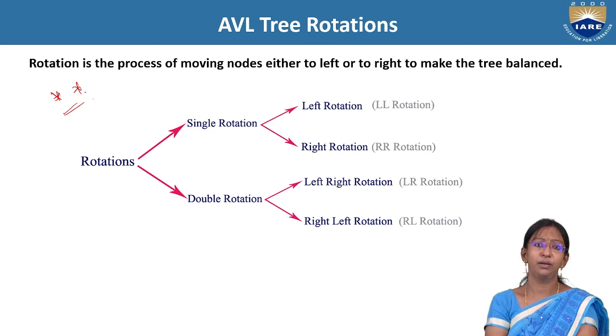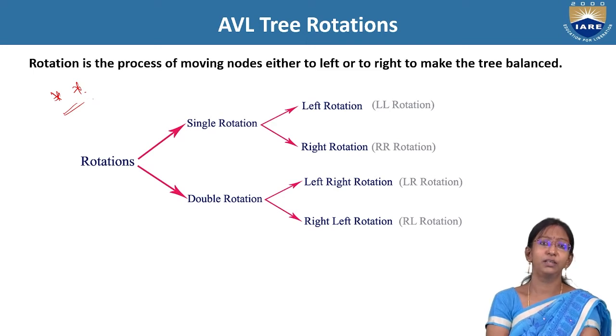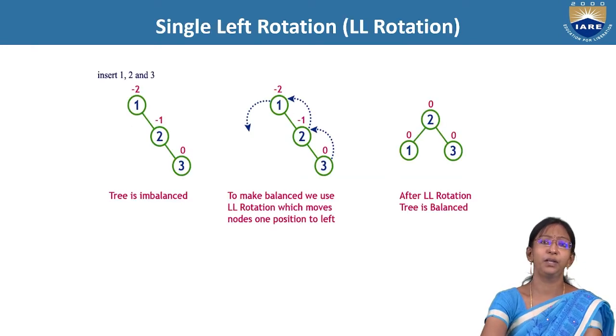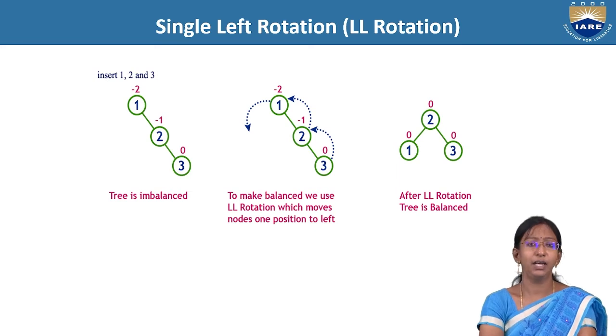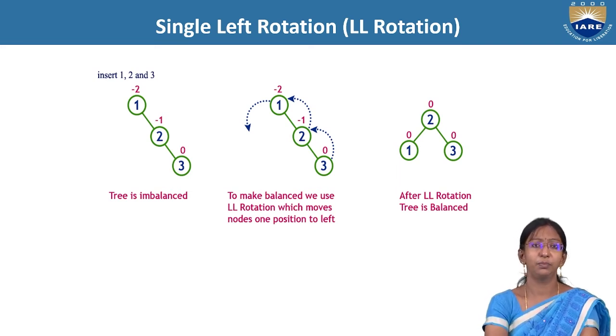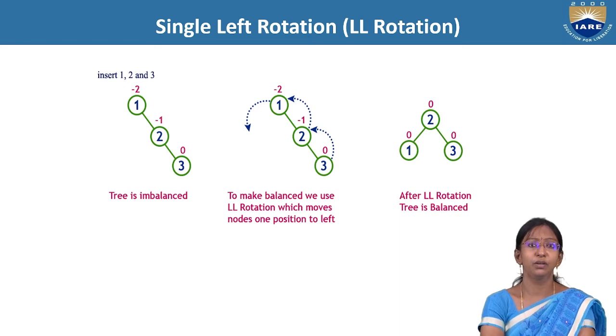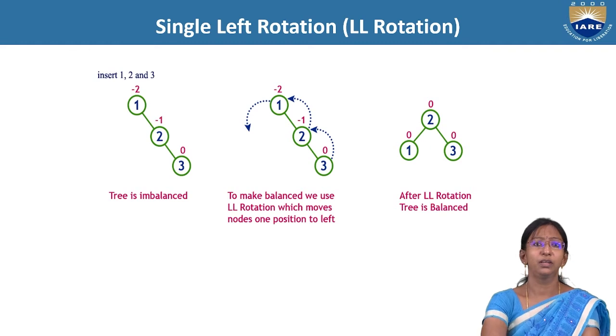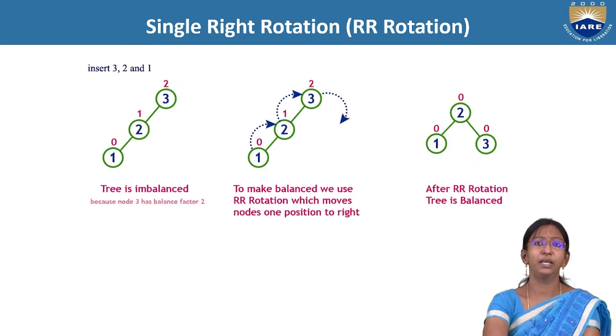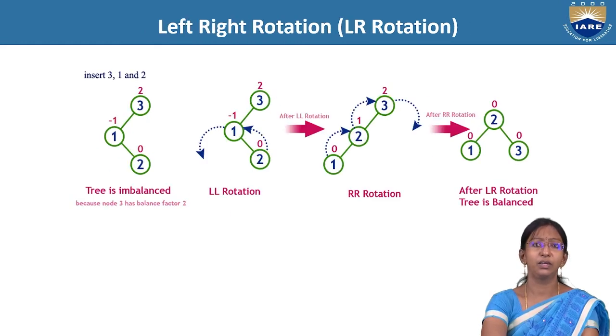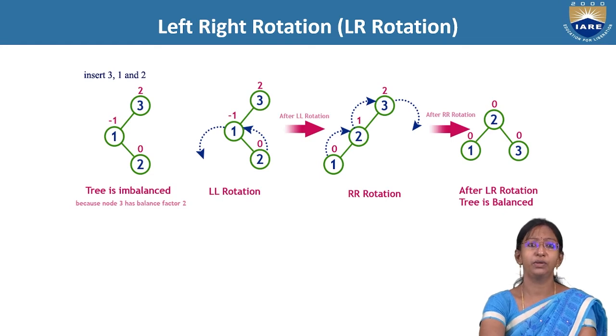Single rotation, double rotation. Whenever you get this question, please explain with an example. See, I have taken these three nodes and I have explained a left and right rotation, that is single rotations. So with simple three nodes, you explain it, whether it is single rotation or double rotation.